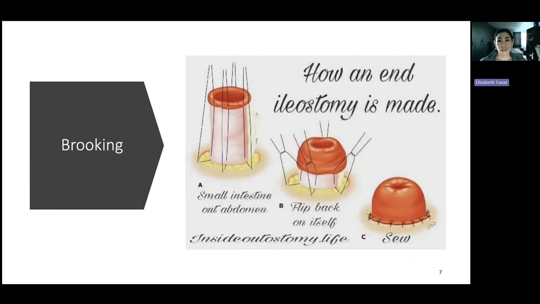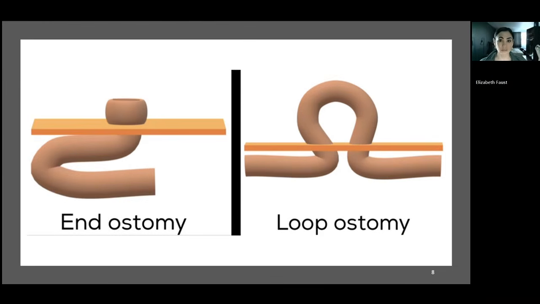Just in terms of different types of stomas, I like to bring up brooking. Brooking is the process where you bring up that loop of bowel and then you flip it onto itself. Essentially, you take the intestines, bring them out, flip them back onto themselves, and then you sew it, so you have that little bud sticking out.